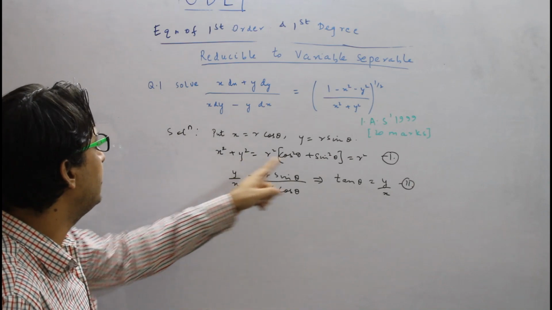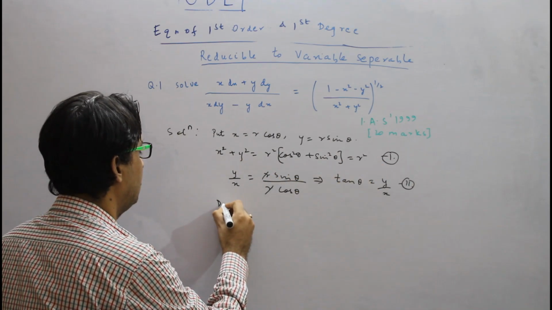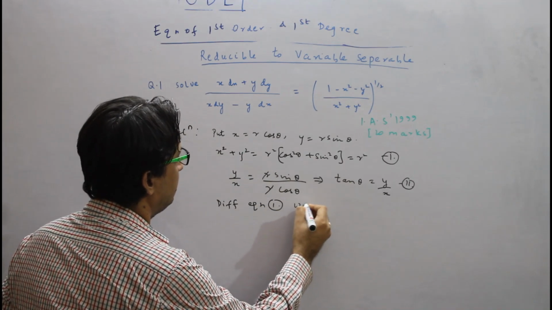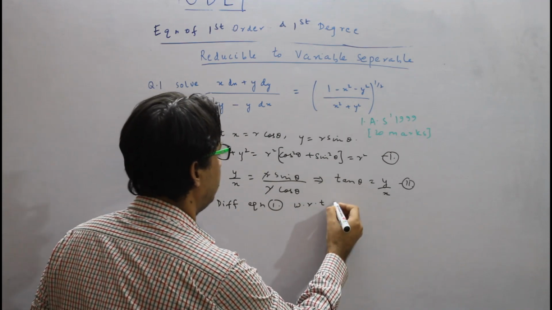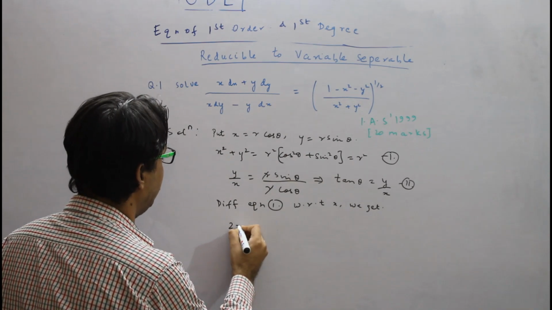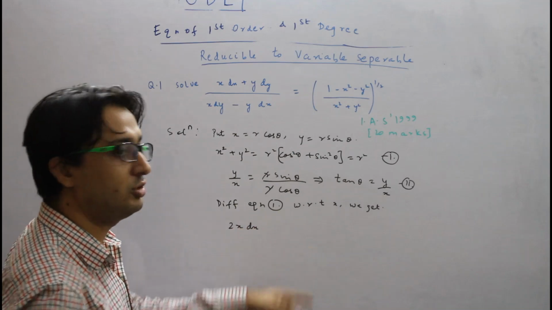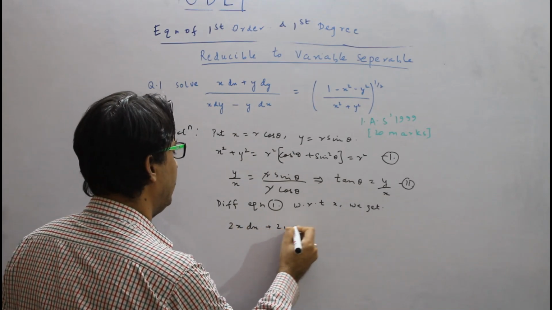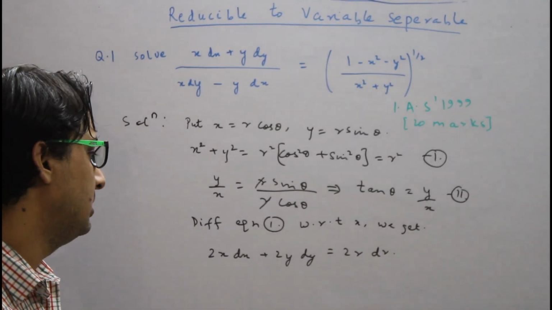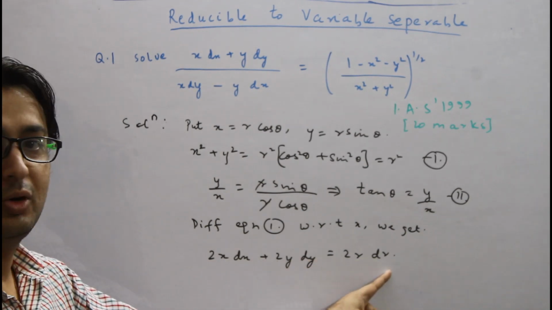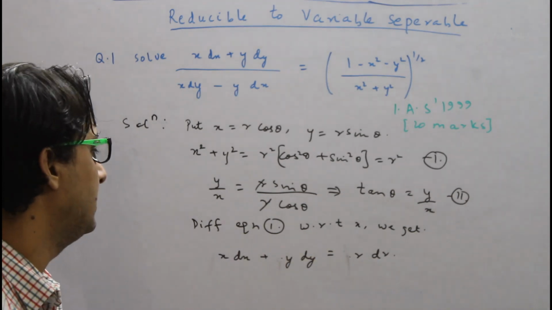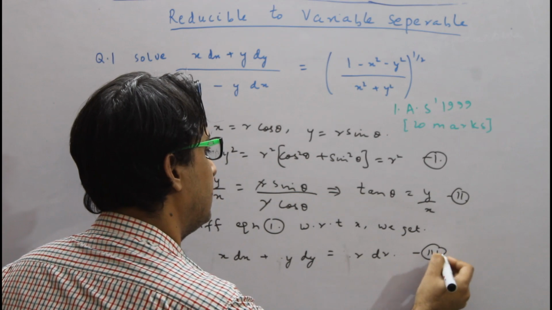Now if I differentiate equation 1 with respect to x, partially, I can write 2x dx plus 2y dy is equal to 2r dr. We are getting 2 common in all of these, so we can cancel it out. So we get this as our third equation.